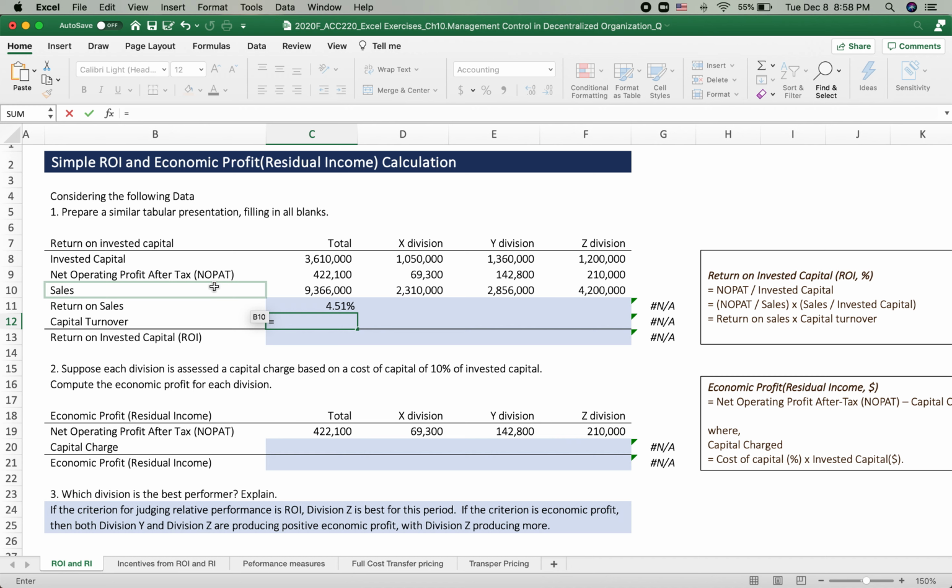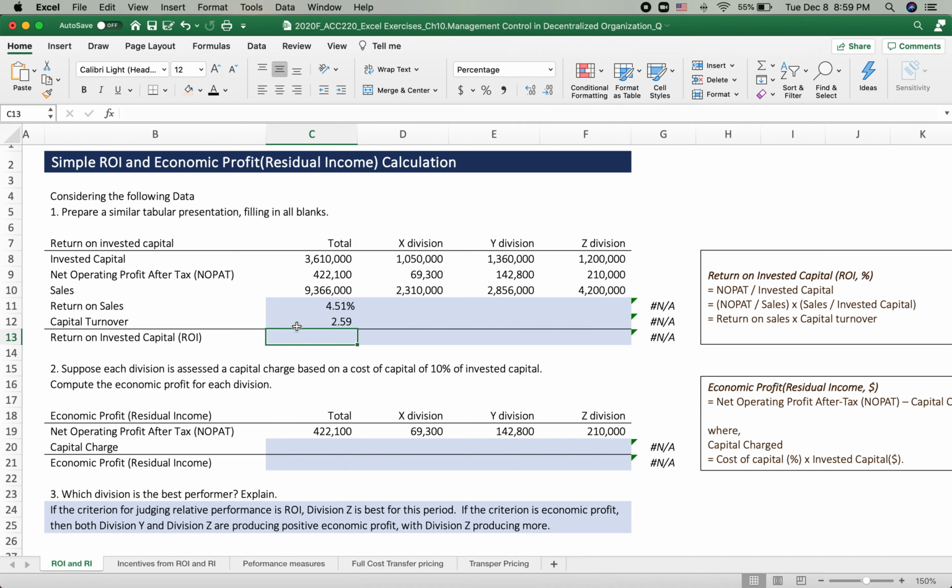Capital turnover is sales over invested capital. That means that $1 of invested capital is used 2.95 times to produce sales of $9 million.